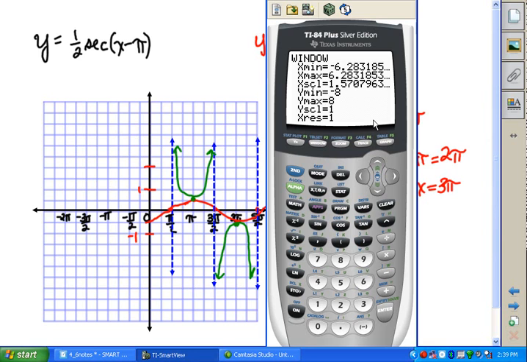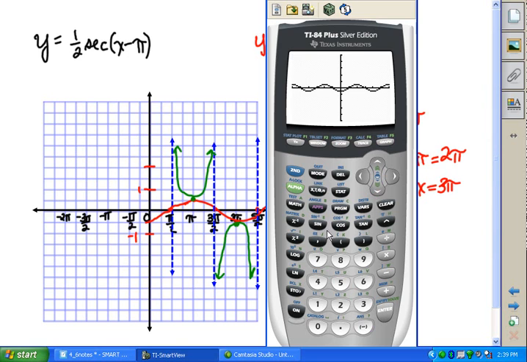So let's put in -3 pi to 3 pi. And we can still keep the change at pi over 2. And maybe we won't do our max and min, -8 and 8. Let's change that to -5 and 5. And graph. Okay, so there we see the graph of the cosine.